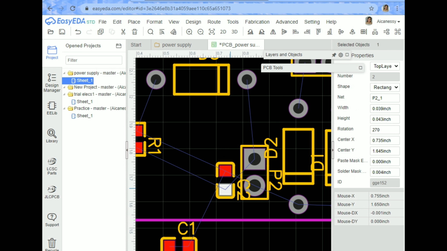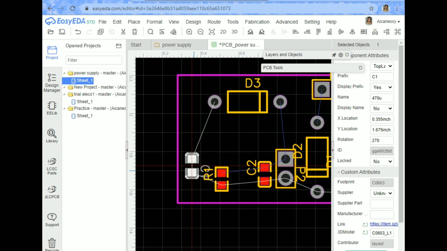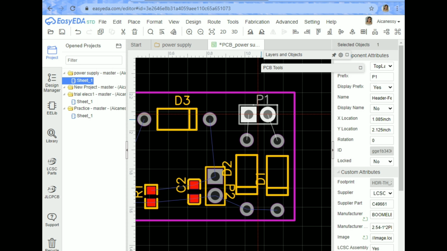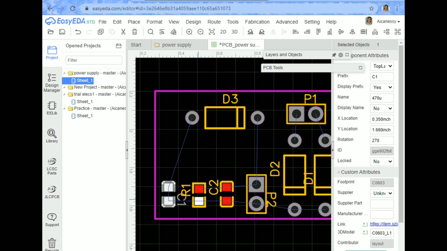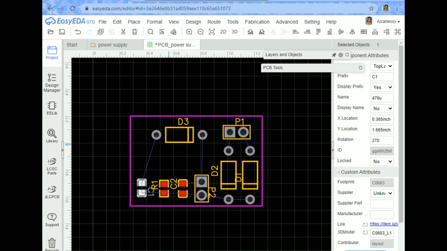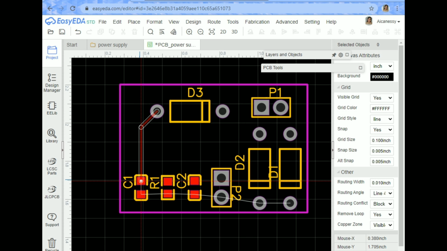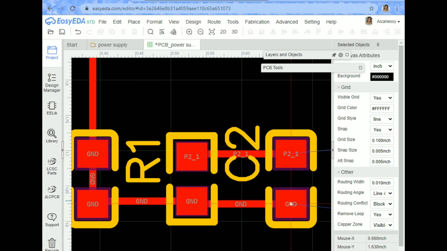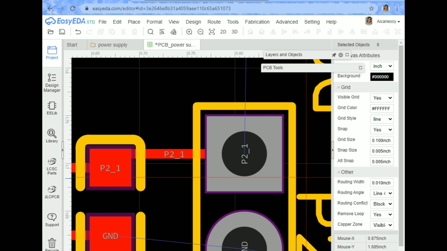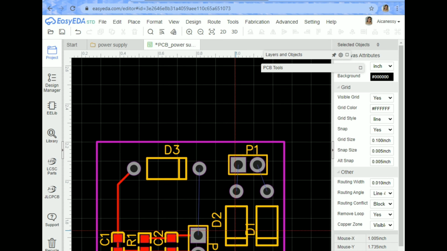Also, it is more environmentally friendly because fewer materials are used in the production of smaller circuit boards. After arranging the components, I connect them using wires. And after that, we're done with our PCB.